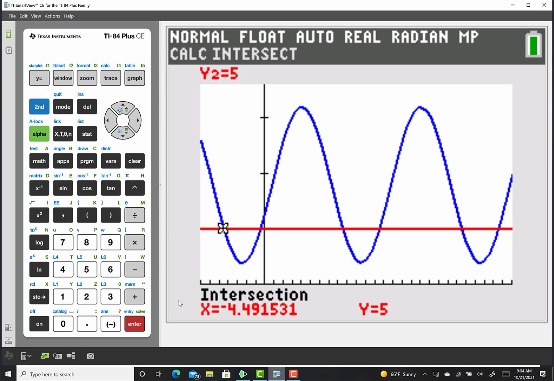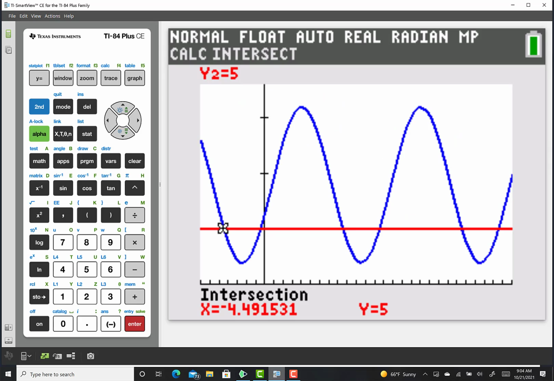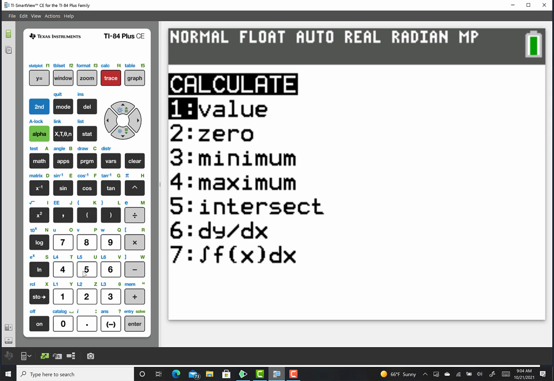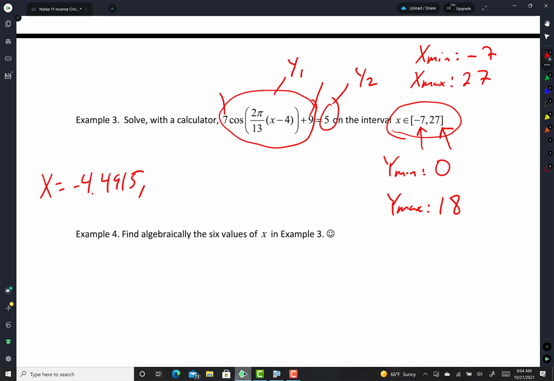Negative 4.4915. X equals negative 4.4915, comma. Here's the next one. Make sure it says the word intersection. Second, calculate, number 5. Enter, enter. Negative 0.508469. Negative 0.508469, comma.